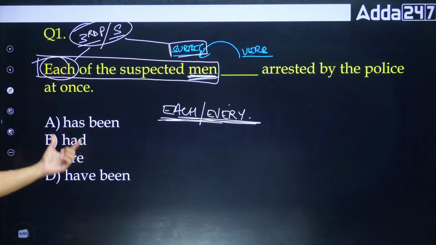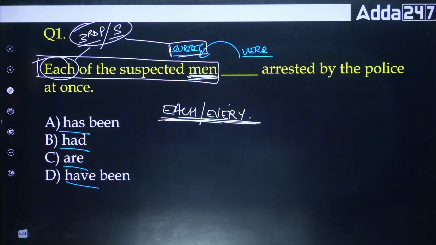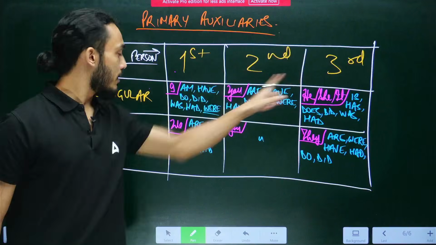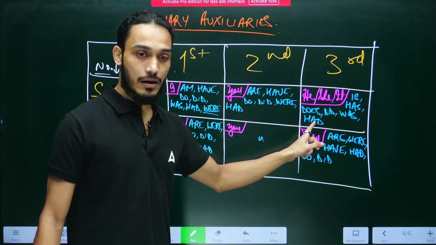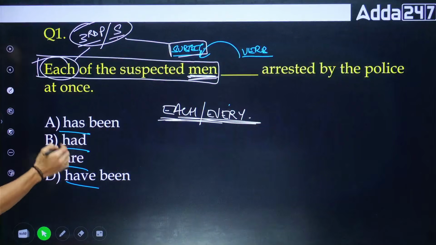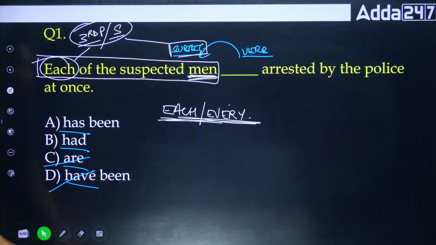So which of these agree with third person singular? You tell me. We have just figured it out here, right? With third person singular, we can write is, has, does, did, was, had. So which one will be correct? We cannot write have and are, right? These two do not belong with third person singular.